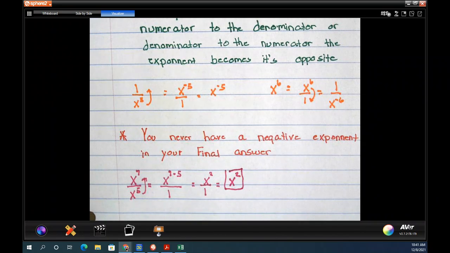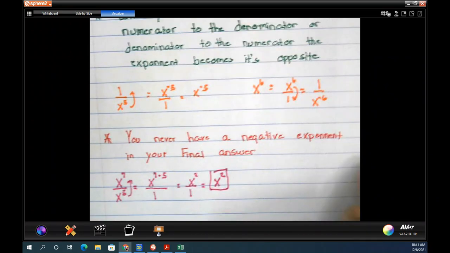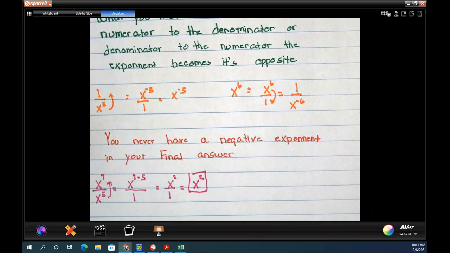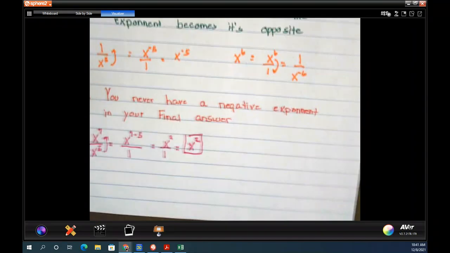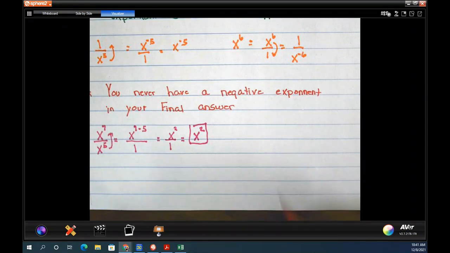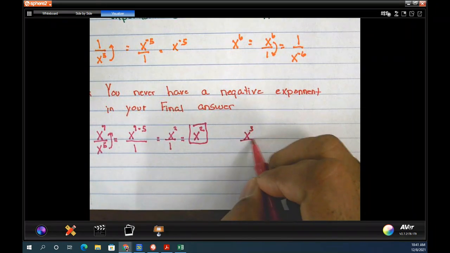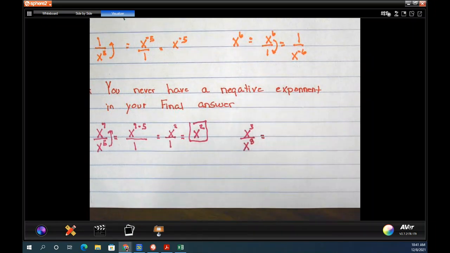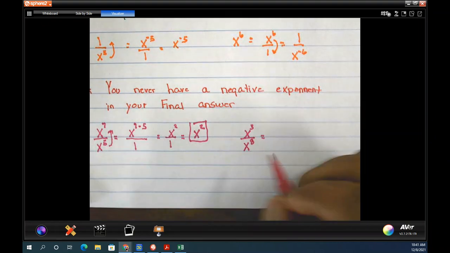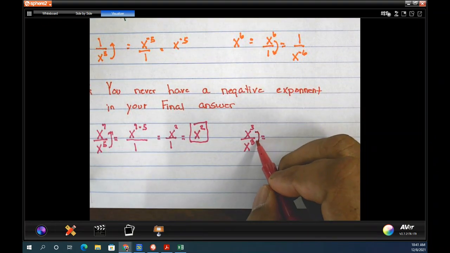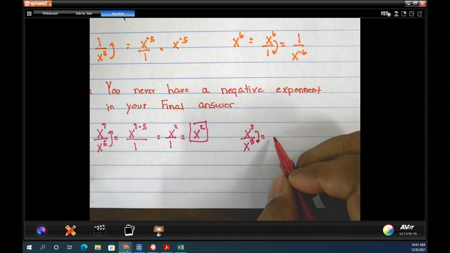All right. Now, look at this one. Let's move it up some. Let's say you have this, x cubed over x to the 8th. Where's the larger exponent now? It's in the denominator. So we've got to move this one down here. And it's going to become what?